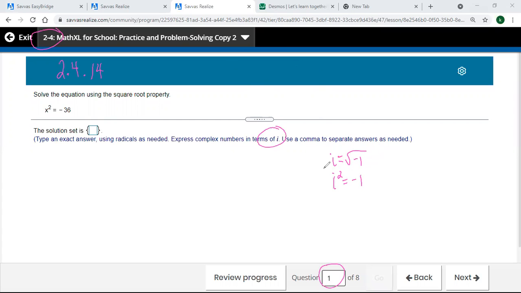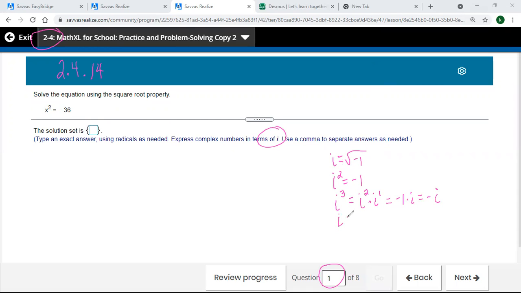So sometimes they'll continue with this and say, for example, i cubed would be like i squared times i to the first. So that's -1 times i, which is -i.